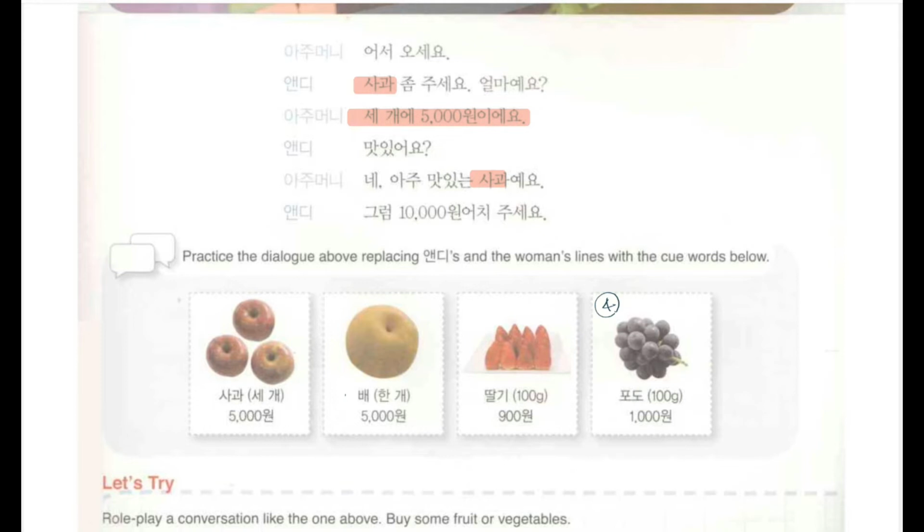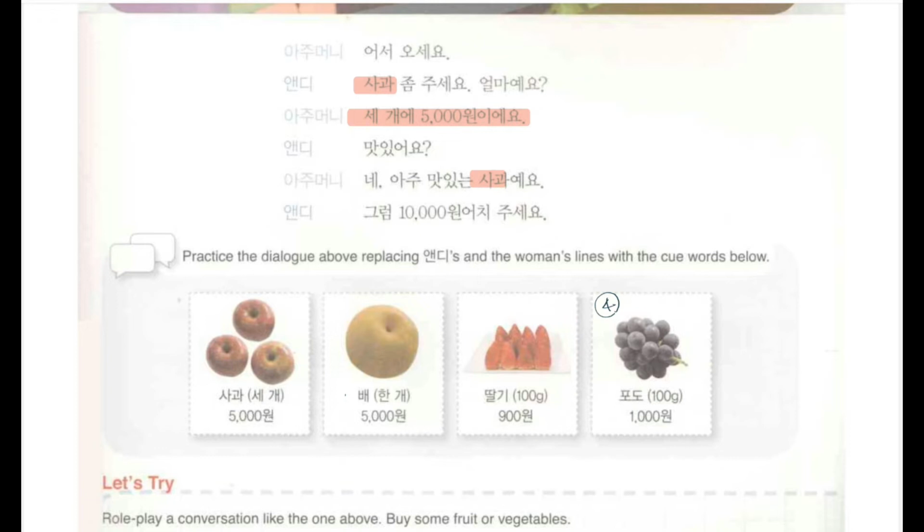Very good. 자, this time 제가 Andy 하겠습니다. 여러분이 아주머니 하세요. 시작. 포도 좀 주세요. 얼마예요? 맛있어요? 그럼 10,000원어치 주세요.